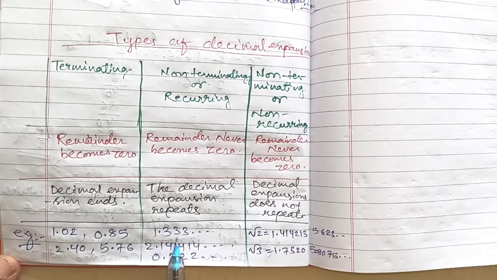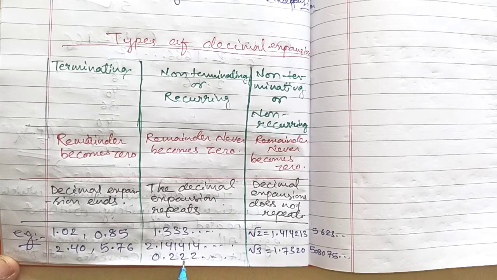Like the example 1.3333, when you are dividing a number, the quotient will be 3333 only. Or 2.14141414, so 14 will be repeated so many times. These two digits will be repeated so many times when you find the quotient.